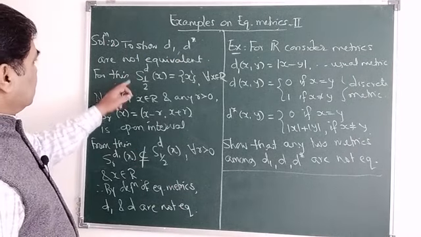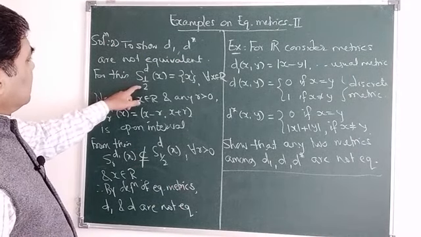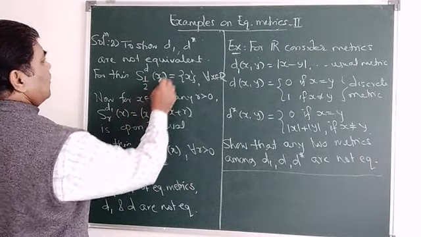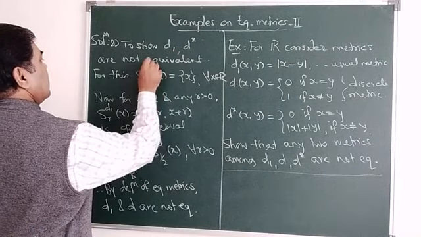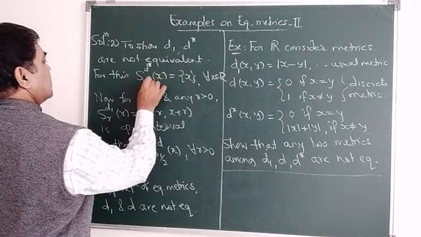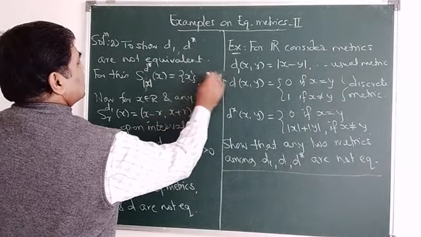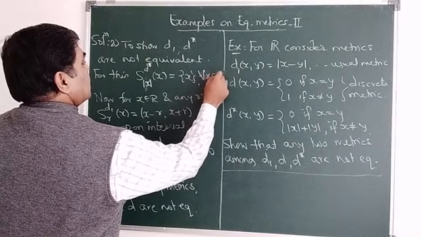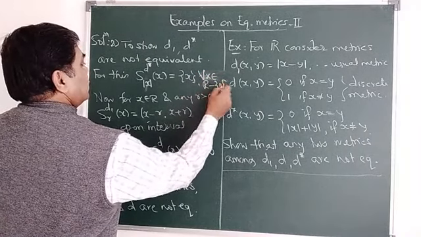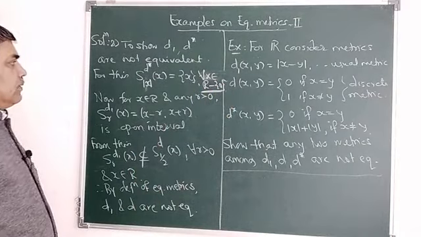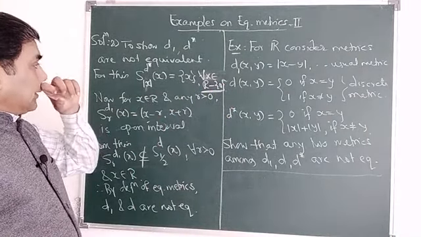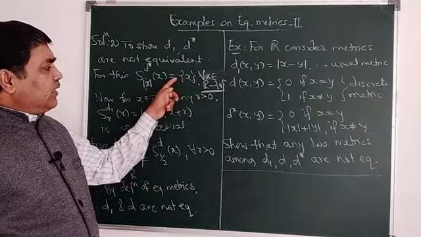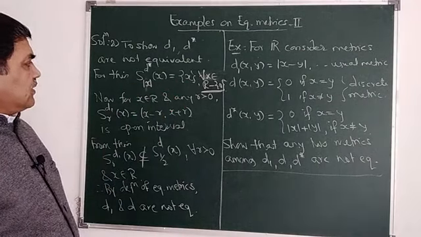For this, if I take the d star sphere with mod x, it is equal to the singleton {x} for any x belonging to R minus 0. Remember it: for any x belonging to R minus 0. In the exercise I have given this, showing how it is a singleton set.